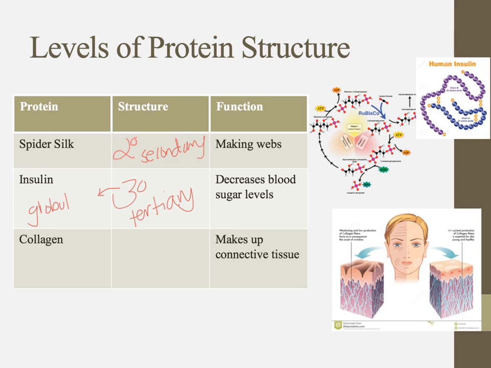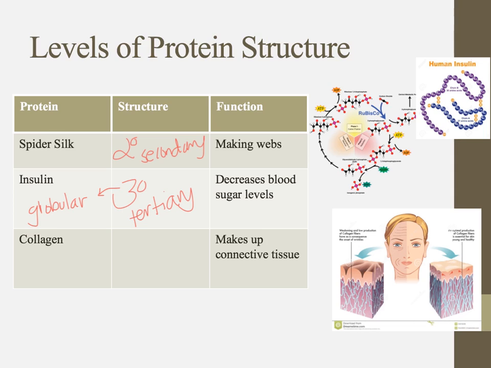I know that sounds kind of dumb and not sciencey. Trust me, it's a legit word. Globular, all crumpled up. Well, human insulin is an example of a tertiary structure. So those alpha helices and beta pleated sheets got all crumpled together, and that protein is perfectly functional in that tertiary form.